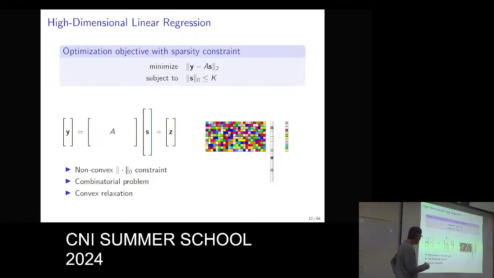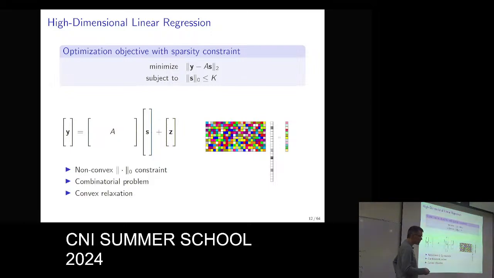What we're given is observation y, and we know perhaps that s is sparse. So if we know that, then the L0 norm would really be the right thing to look at because it captures the sparsity. So we would want to do something like this: minimize the unexplained part of the observation y subject to the sparsity constraint.